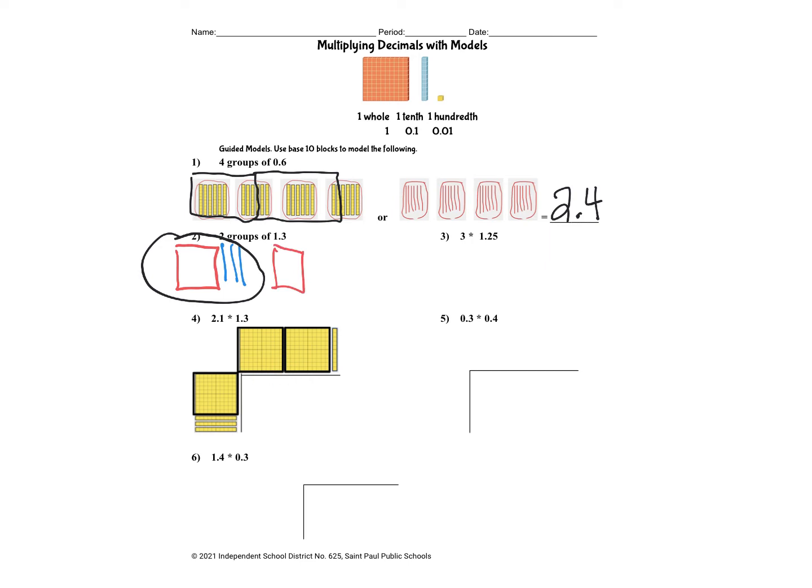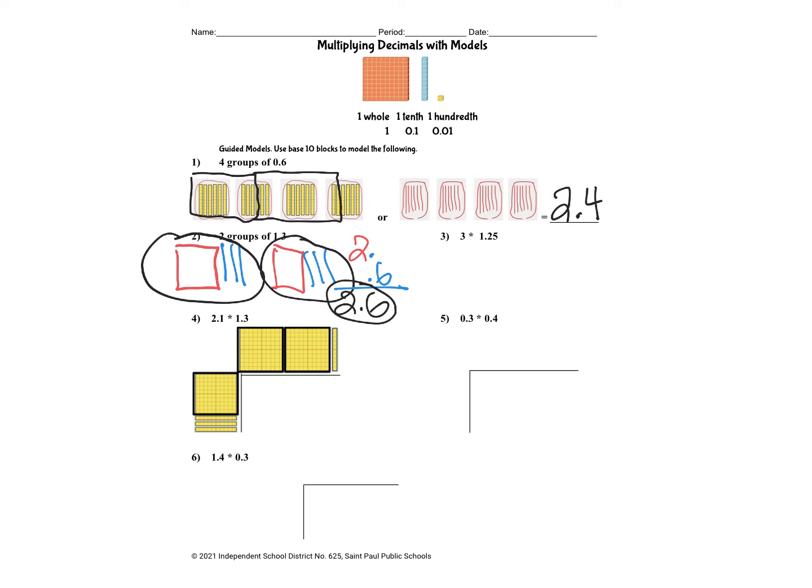So 1 and 3/10. And my answer is going to be the total. So here I have 2 flats, so that's going to be 2. And then I have a total of 6/10. And when I add those together, my answer is going to be 2 and 6/10.